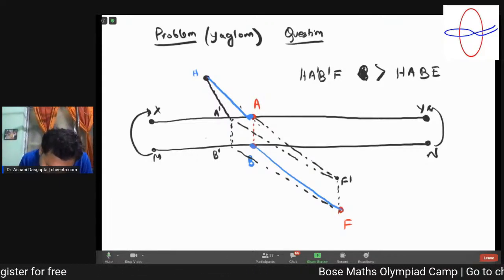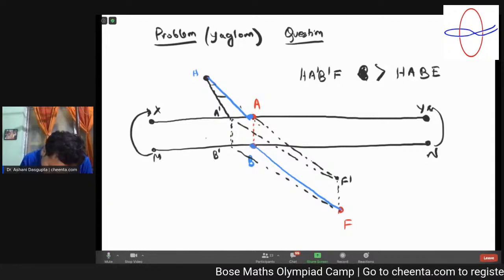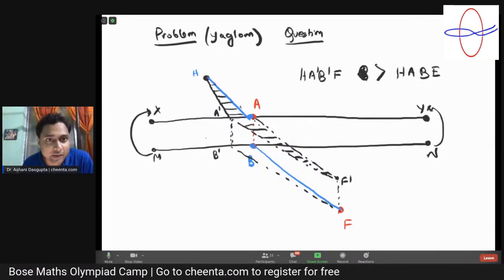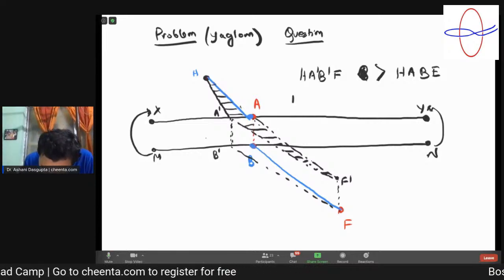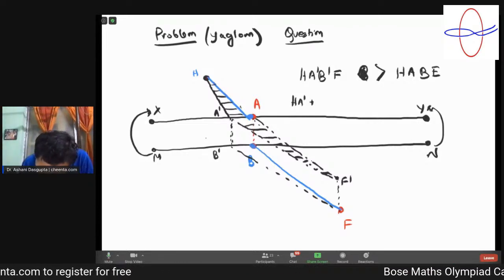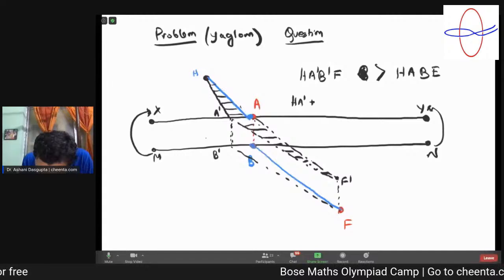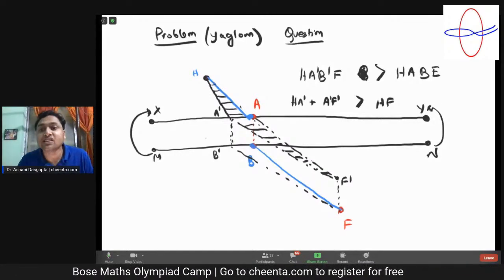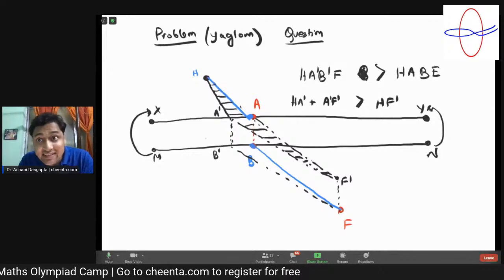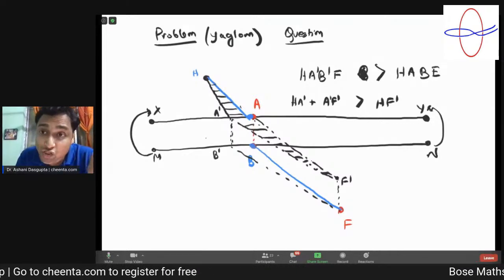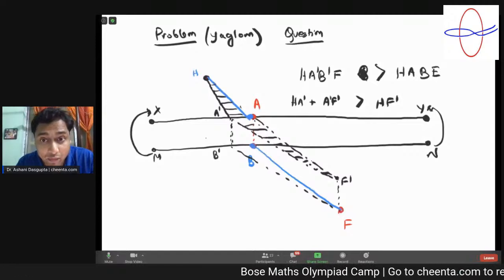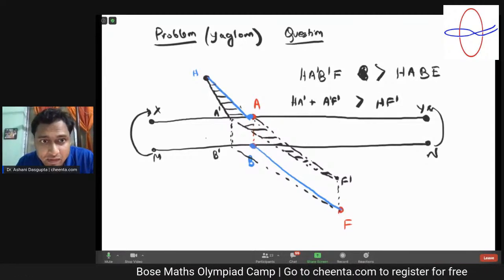So now look at this particular object. This is a triangle, right? And H A prime plus A prime F prime is greater than H F prime, because H F prime is a straight line, and a straight line is the shortest path from one point to another point. So it's very simple in that sense.